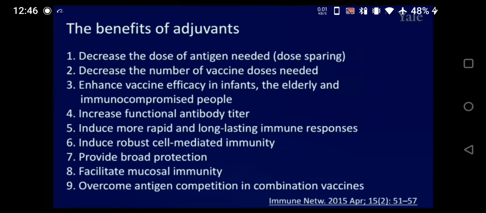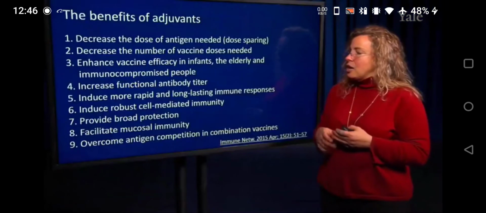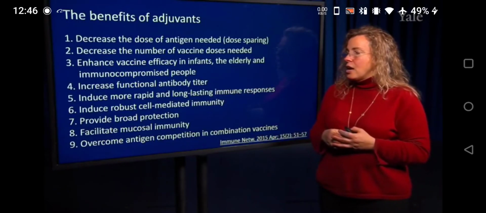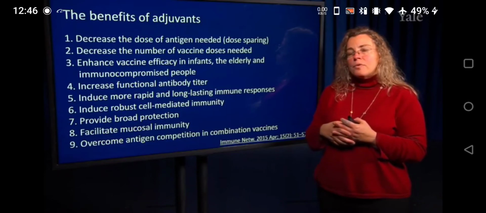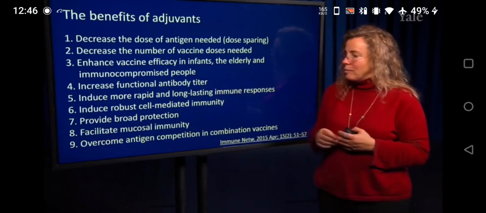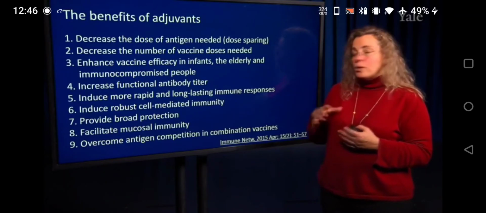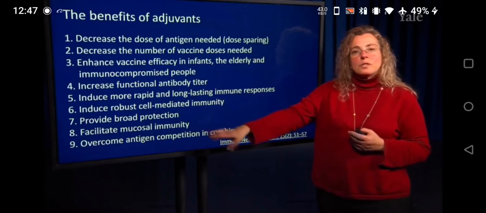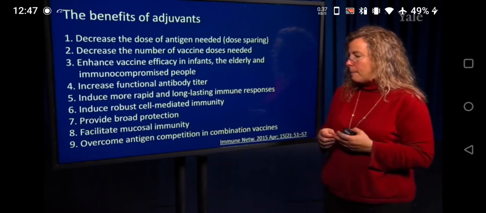You can increase the total antibody titer you get, which is likely to give you a stronger protective response. You're more likely to get a longer lasting immunity. You can sometimes provide a broader protection by generating, again, a stronger immune response. You can use certain types of adjuvants that might facilitate more specifically mucosal immunity.